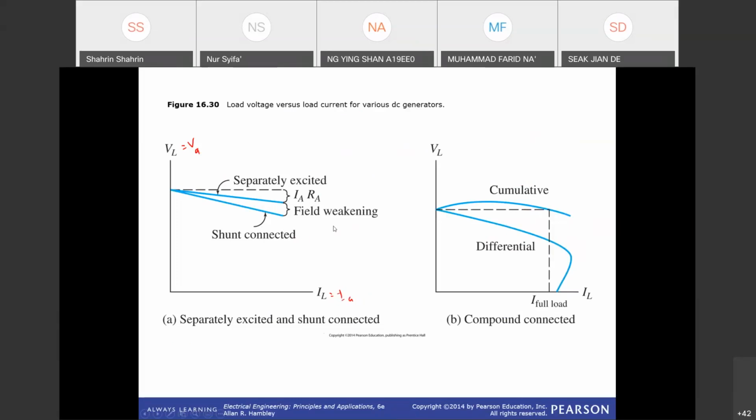As you can see here, this is the line of the voltage VL for the separately excited DC generator.